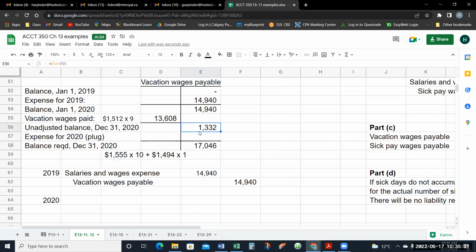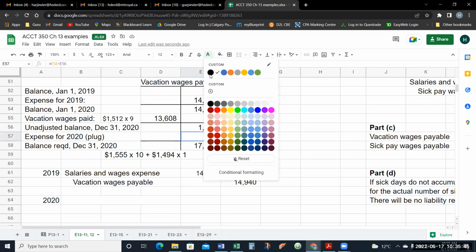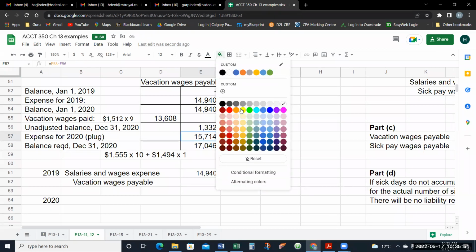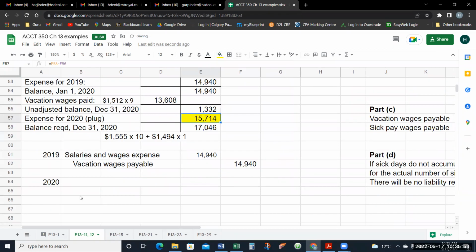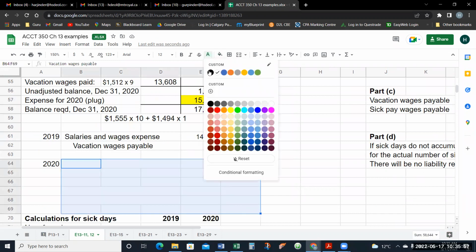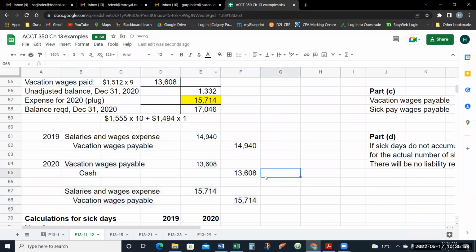Since we already have $1,332 already in that liability, the difference is what we must accrue as the expense for the year 2020. So this amount also is a plug that we calculate, and we go ahead and record our journal entries for 2020 like this.